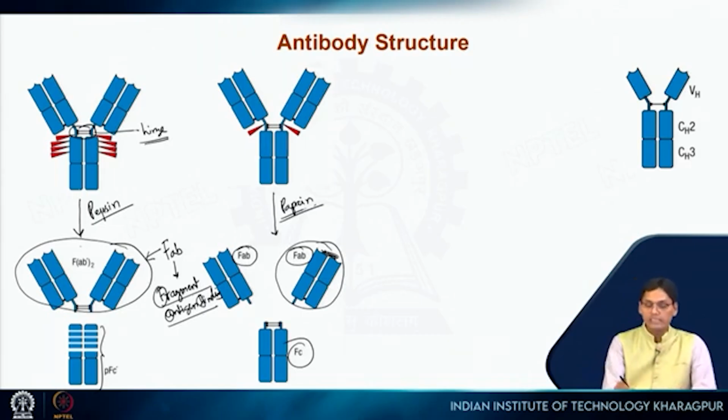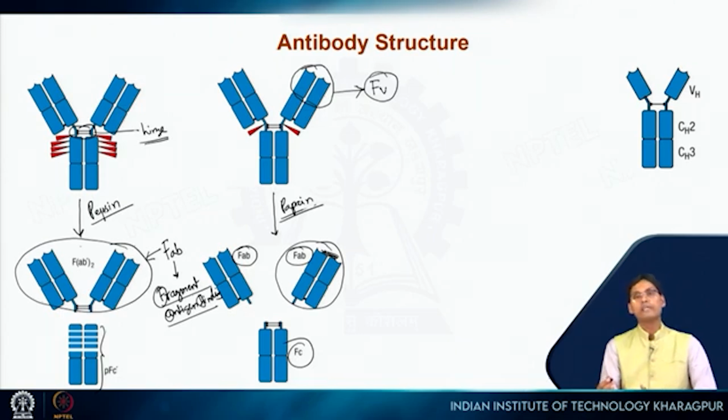But it is possible to make this kind of fragment, where only the variable regions of the heavy chain and light chain are present. This is called Fv, the fragment variable region. It will also bind to the antigen.